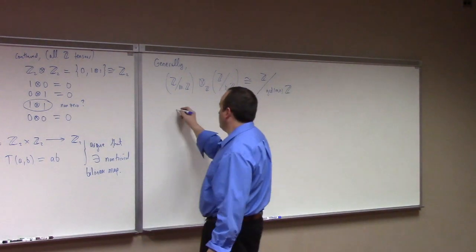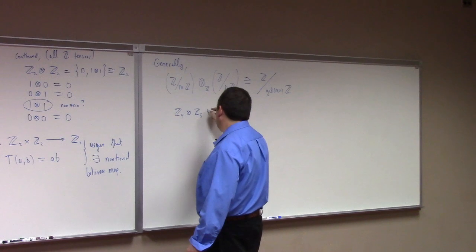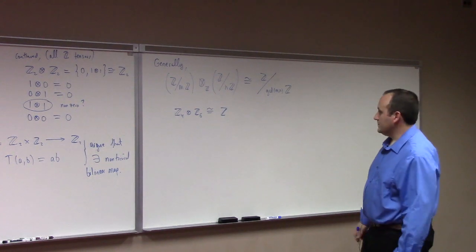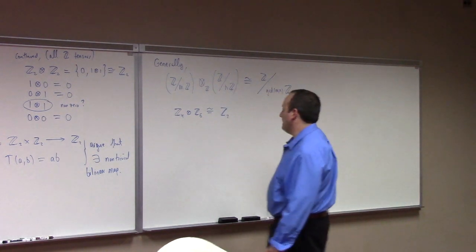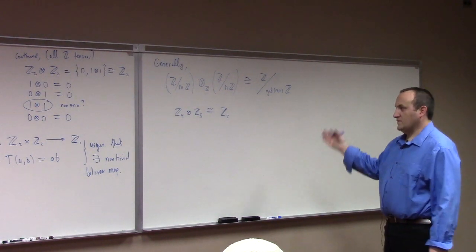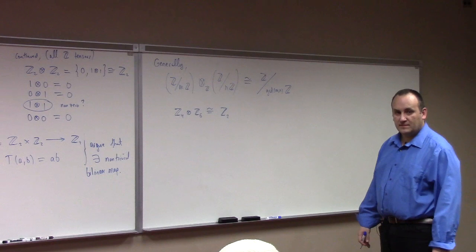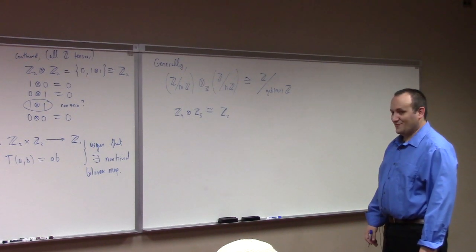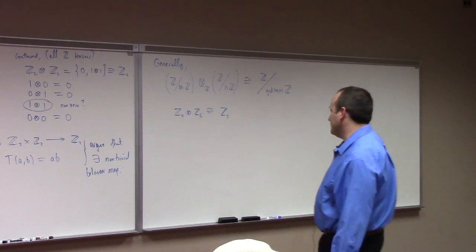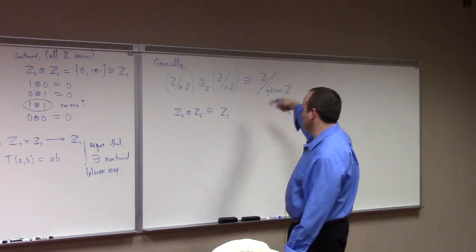For example, Z4 tensor Z6 would be, up to isomorphism, Z2. You'd be able to show in Z4 tensor Z6 that most everything is 0 except for one thing, which I think is 1 tensor 1. It could be wrong.